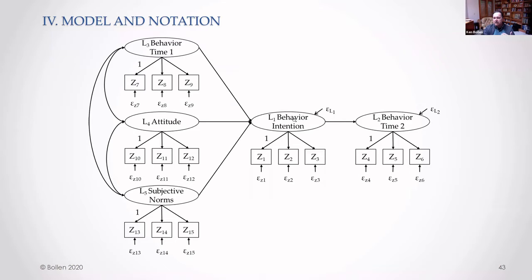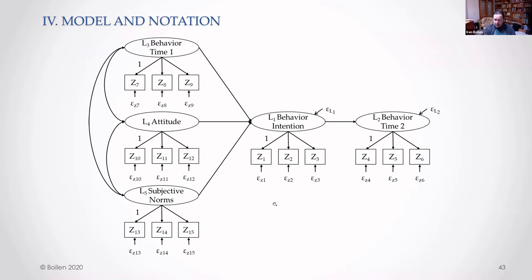On average, if L1 increases 1 unit, Z1 will increase 1 unit. But in any given instance, it'll be a little bit higher, a little bit lower, because we have this disruptive effect of epsilon Z1. That same story could be told for each of the remaining 4 latent variables.